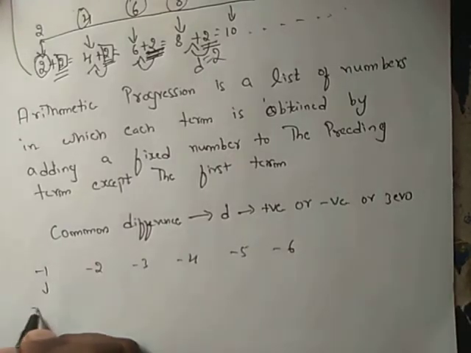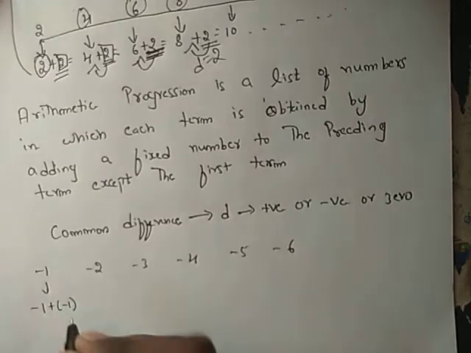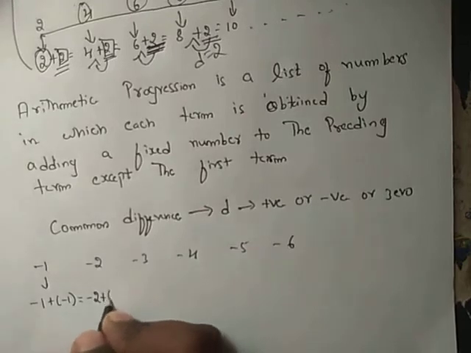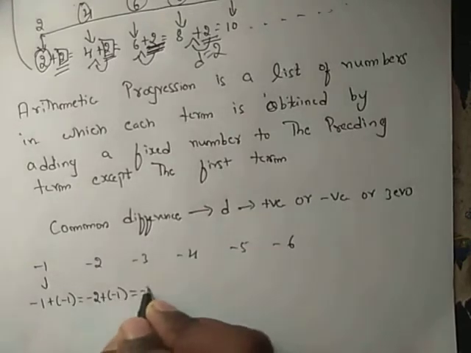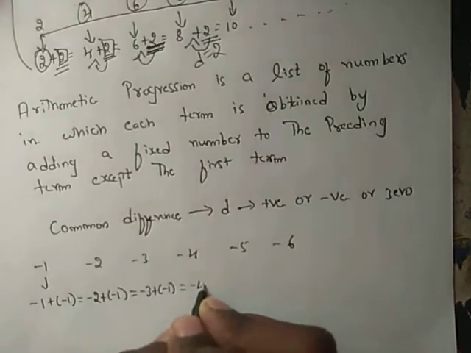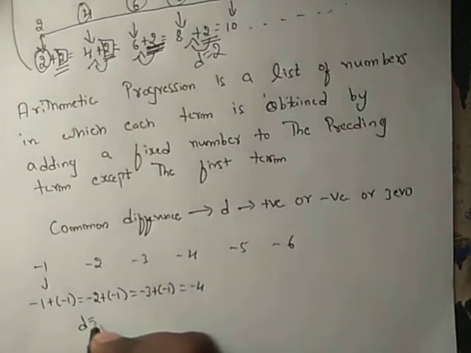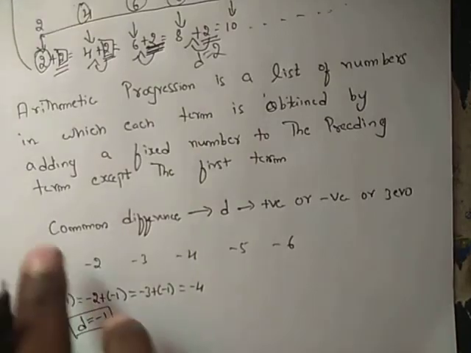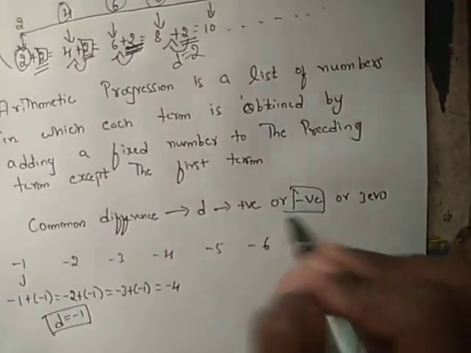Here for the first term, if we add -1, we get -2, and for -2, if we add -1, we get -3. For -3, if we add -1, we get -4. So here the common difference d is -1. So the common difference may even be negative.